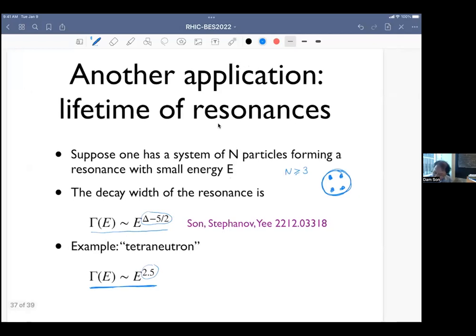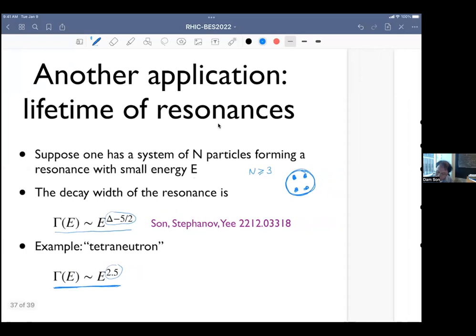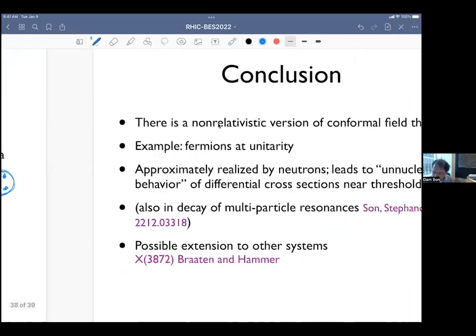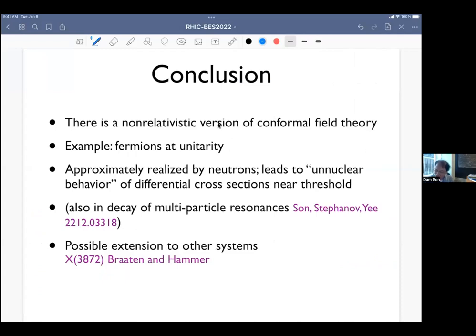Okay, so let me conclude and mention what we have managed to do. We have reviewed the notion of non-relativistic conformal field theory, and the most important fact about it is that we have objects that are not particles but can be classified by the dimension delta.